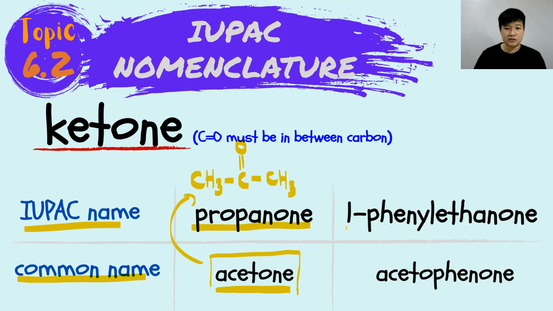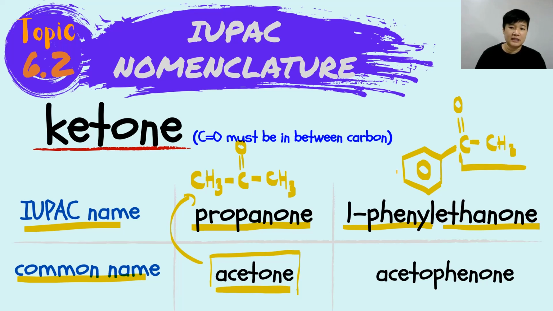Another is 1-phenylethanone, which is actually acetone with a benzene ring attached to the C double bond O CH3. The common name that we always call it is acetophenone. Simple. Two common names: acetone and acetophenone. Make sure you know this.